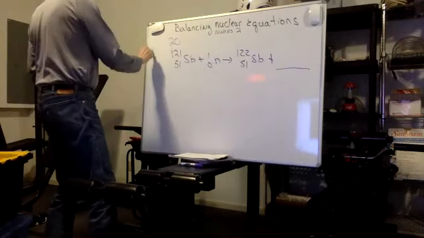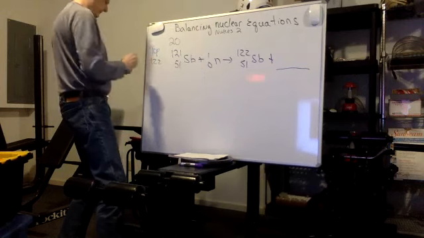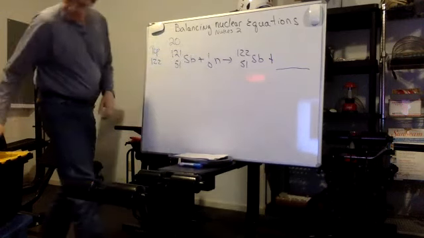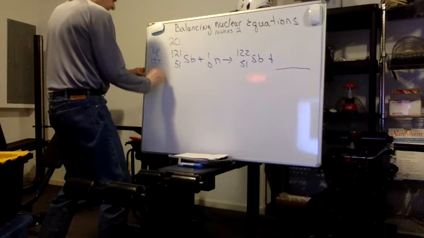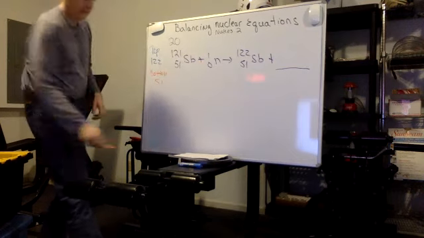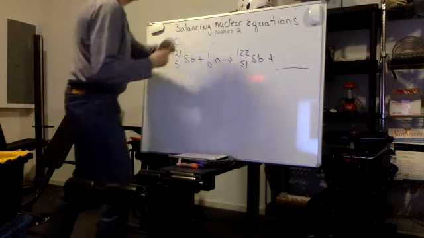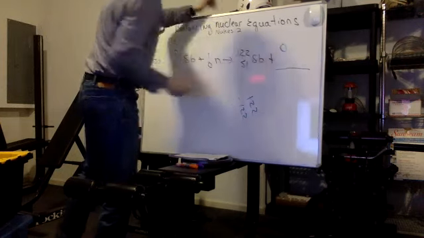So again, we're going to do the top. 121 plus 1 is 122. We'll do the bottom. 51 plus 0 is 51. And the top over. 122 minus 122 is 0.